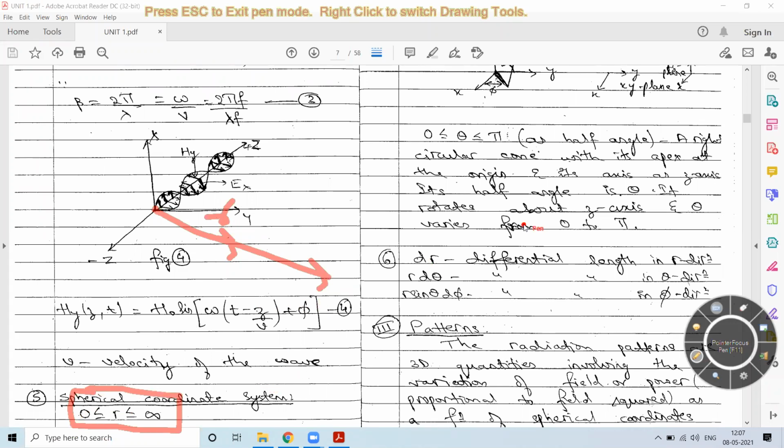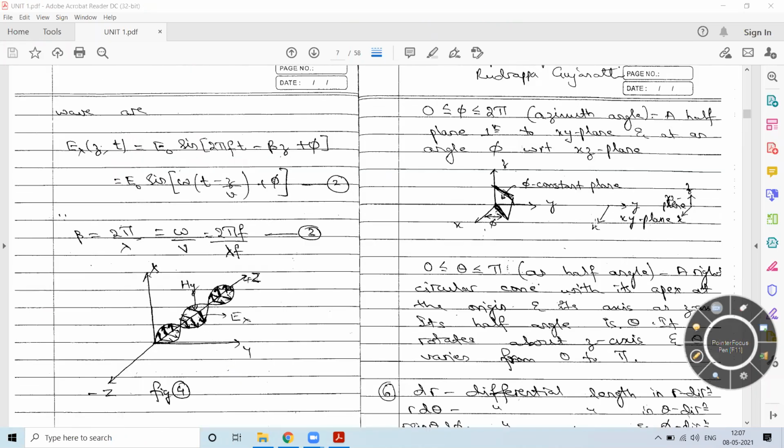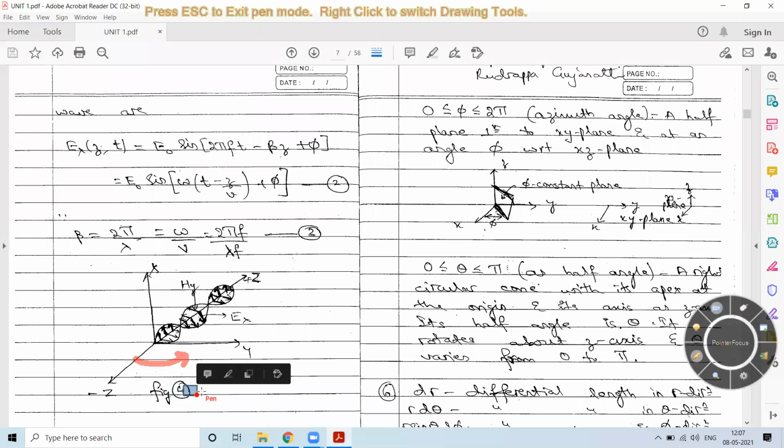Similarly, the next one, the azimuth angle. What is the range of the azimuth angle? If I consider it along the XY plane, what we call the horizontal plane, the phi representation, that is the azimuth representation, will have values from 0 degrees to 360 degrees.